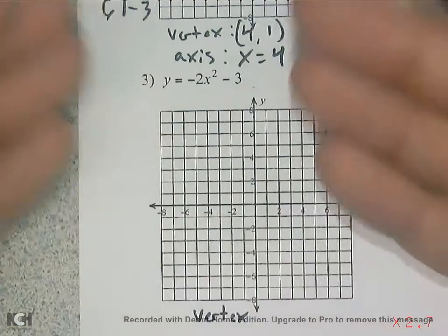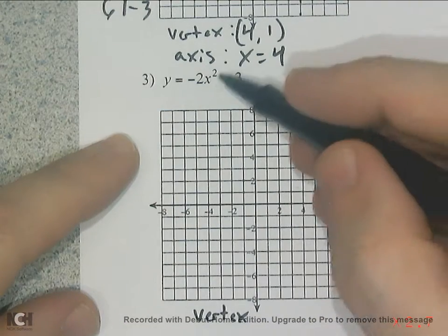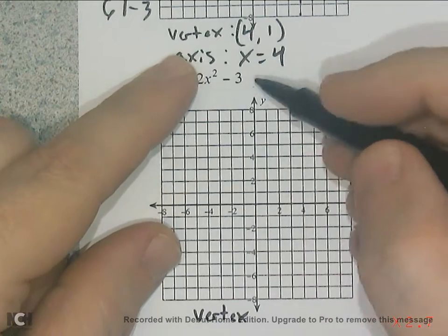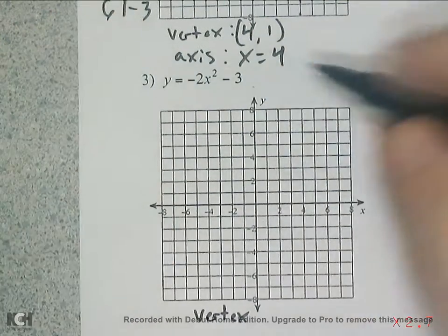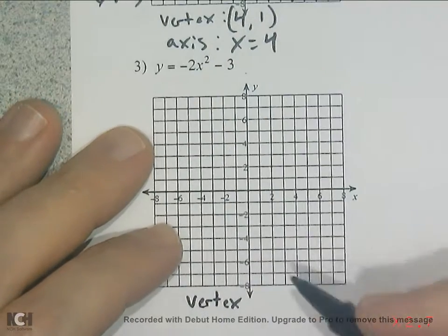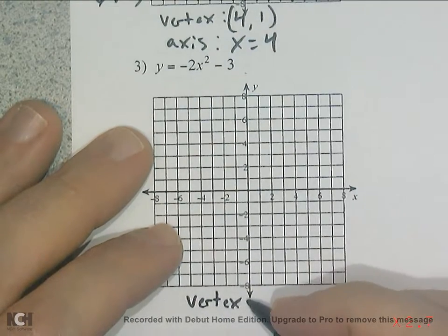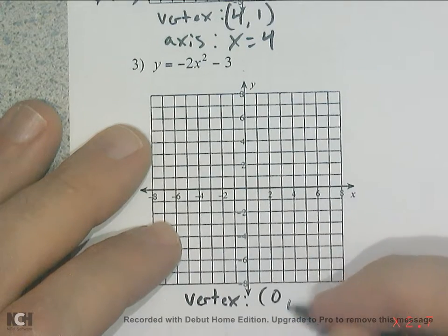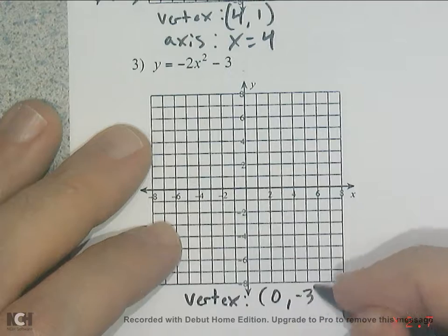But the negative in front would flip it upside down. This 3, because it's not actually in the parentheses, it's not going to be a horizontal change, it's going to just be a vertical change. So it's going to move it down 3 spots. So basically my vertex is still going to be at 0 on the x-axis, but it's going to be down 3 spots at negative 3.